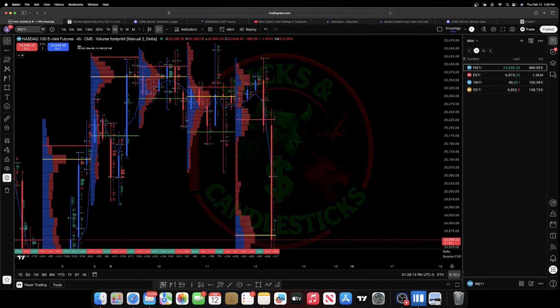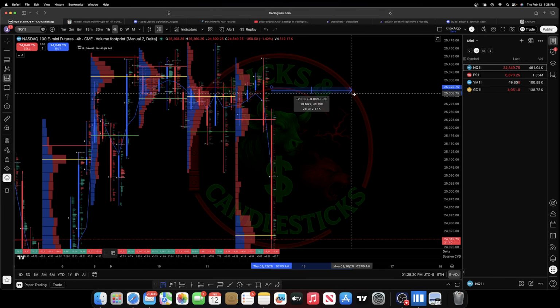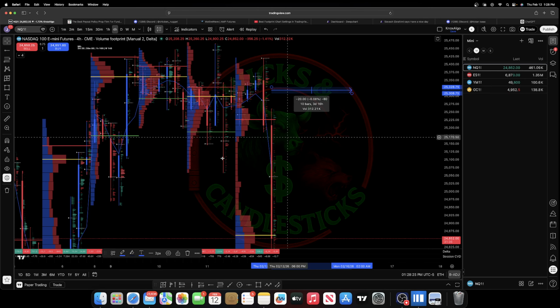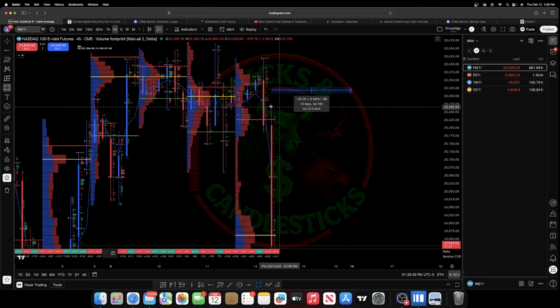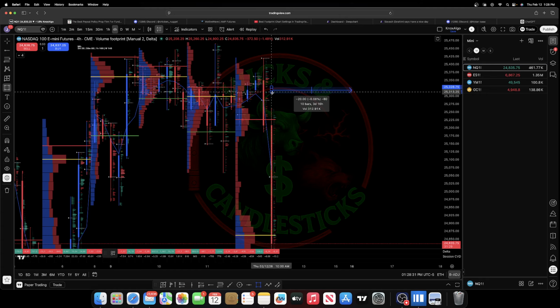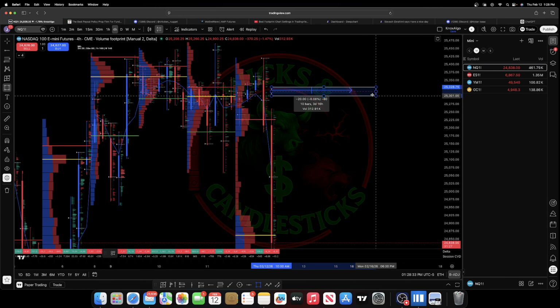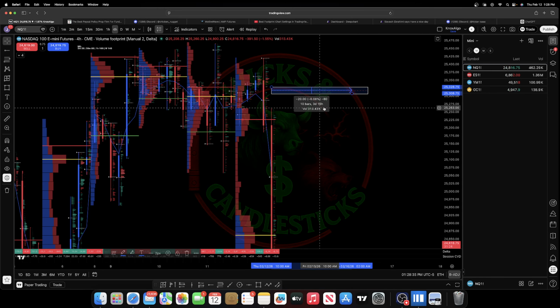I do 20 points just to give myself a little cushion room to enter into a trade, because a lot of times price will not come directly to your zone and let you right in. It will not do that at times.